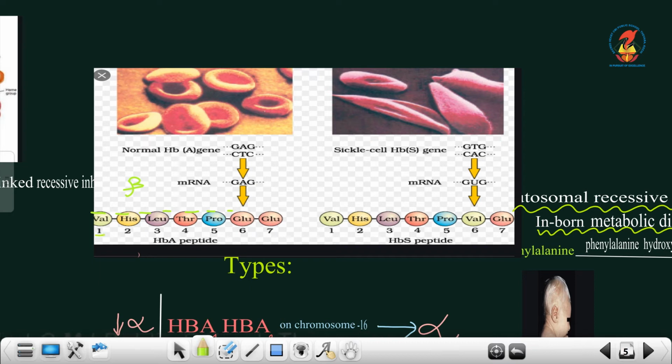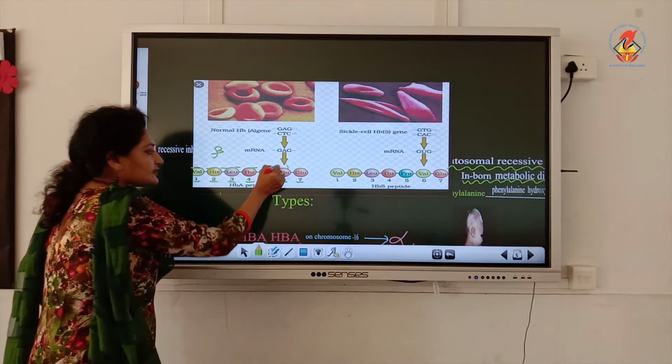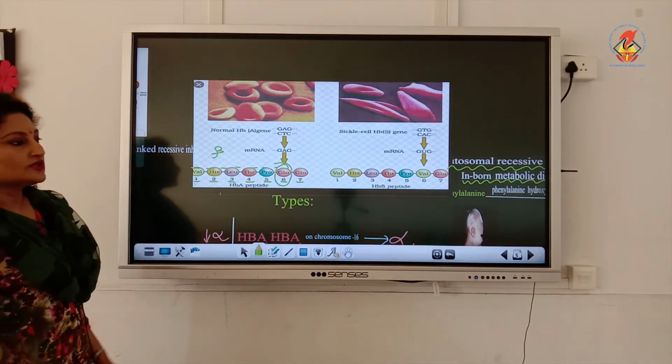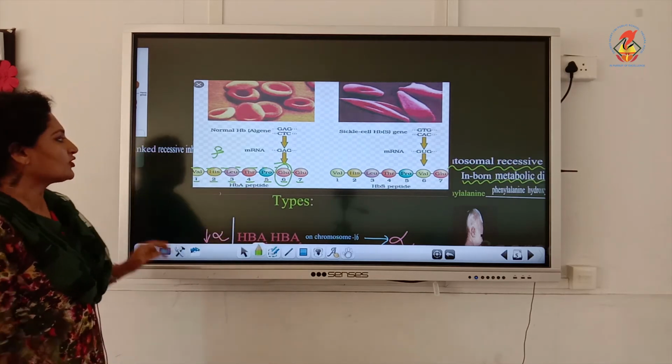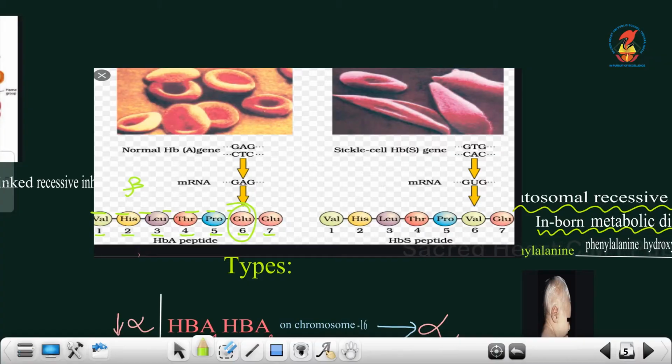Amino acid 1 is valine, 2 is histidine, 3 is leucine, 4 threonine, 5 proline, 6 glutamic acid and 7 glutamic acid. All you need to learn is only the 6th amino acid, the amino acid in the 6th position of the beta globin chain of hemoglobin.